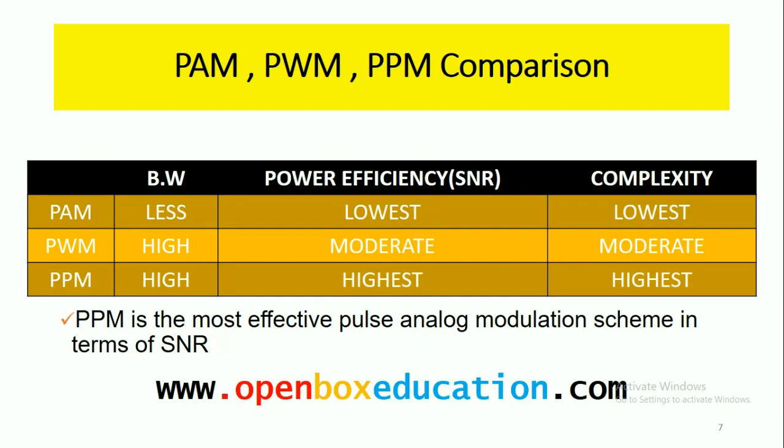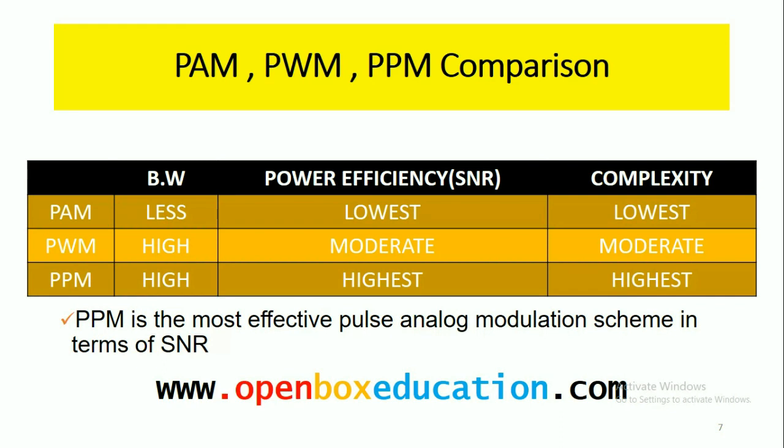And next is the comparison of these three modulation techniques. When you look at the bandwidth, PAM has less bandwidth compared with the other two techniques, PWM and PPM. The signal to noise ratio is low for PAM, moderate for PWM, and high for pulse position modulation.